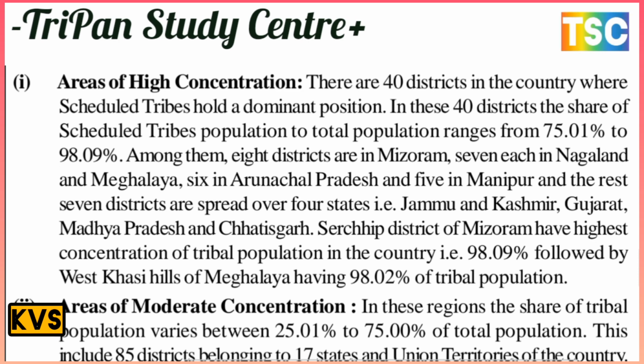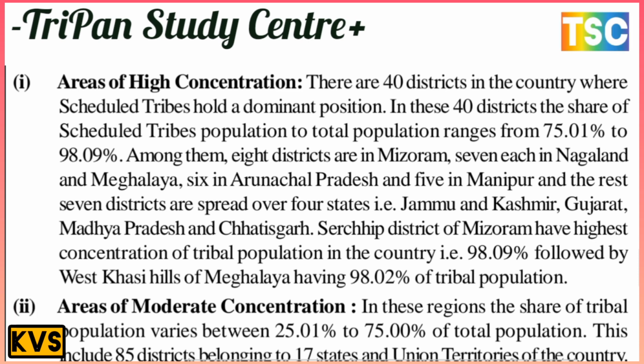Among them, 8 districts are in Mizoram, 7 each in Nagaland and Meghalaya, 6 in Arunachal Pradesh and 5 in Manipur, and the rest, 7 districts, are spread across 4 states: Jammu and Kashmir, Gujarat, Madhya Pradesh and Chhattisgarh.